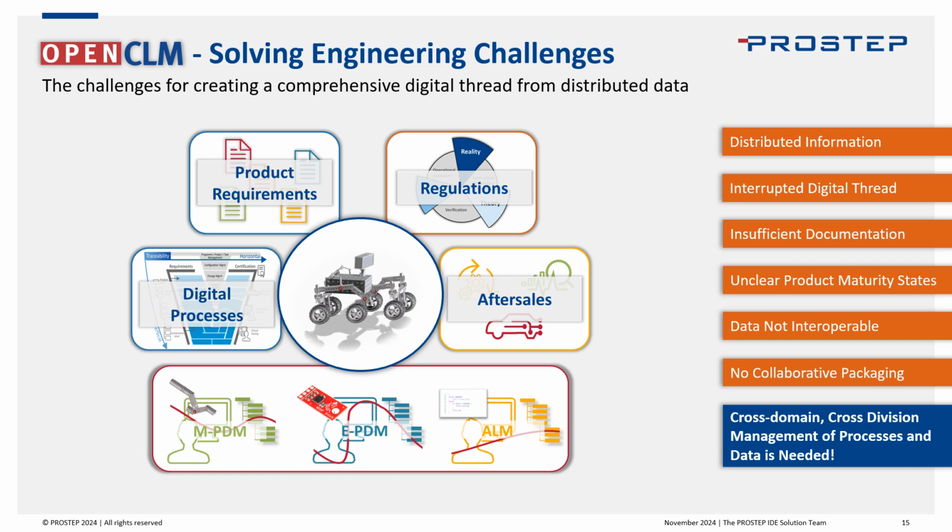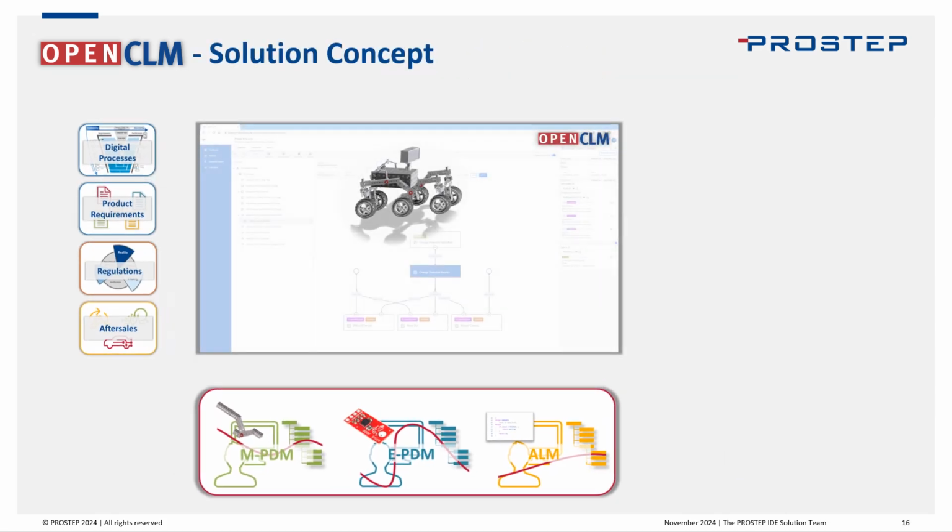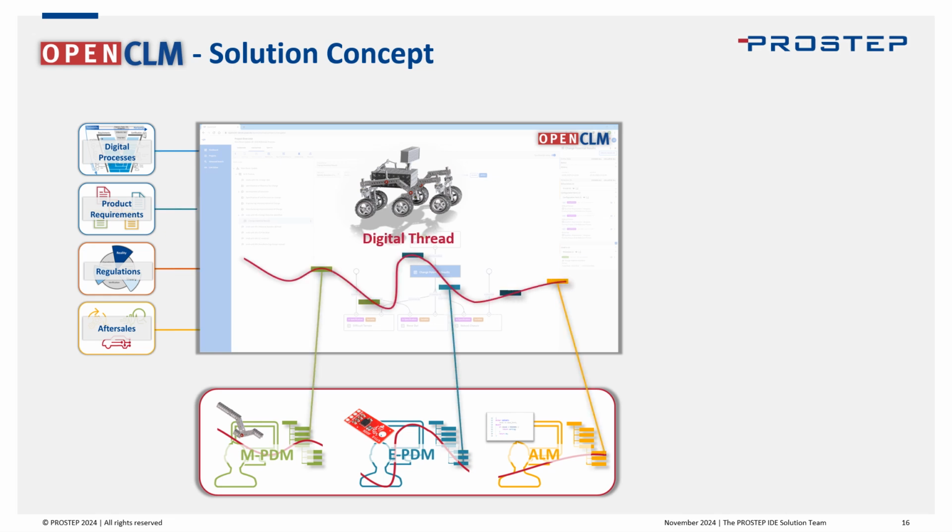So OpenCLM provides that cross-domain, cross-division management and process. OpenCLM provides that process by building linked data sets and digital thread from configuration items within OpenCLM to the systems that are outside there.